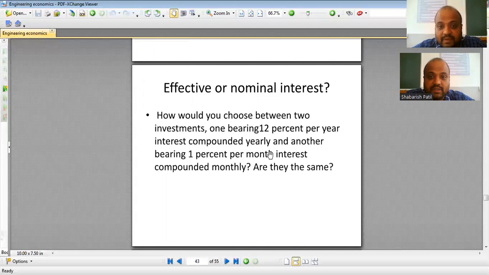Are they the same? There are two statements about the interest. Say there is an interest on an amount which is 12% per year. Then there is another statement which is 1% per month, compounded monthly. Are they the same? That you may have to check.